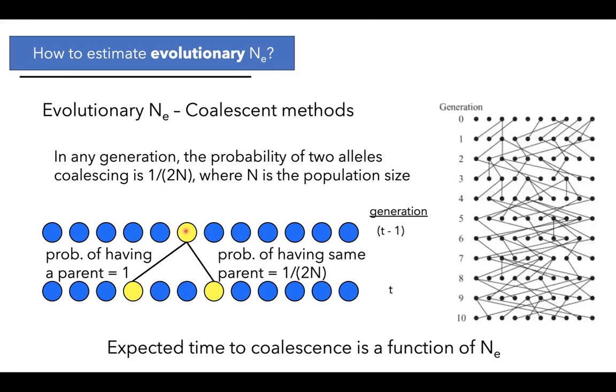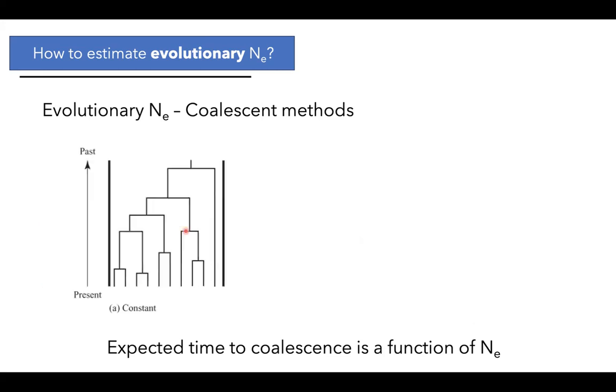And so the expected time to coalescence, how many generations do we need to go back before 2 alleles have the same ancestor, is a function of the effective population size. So we can look at that time of coalescence and try to say something about effective population size. That's basically what we're doing with coalescent methods.